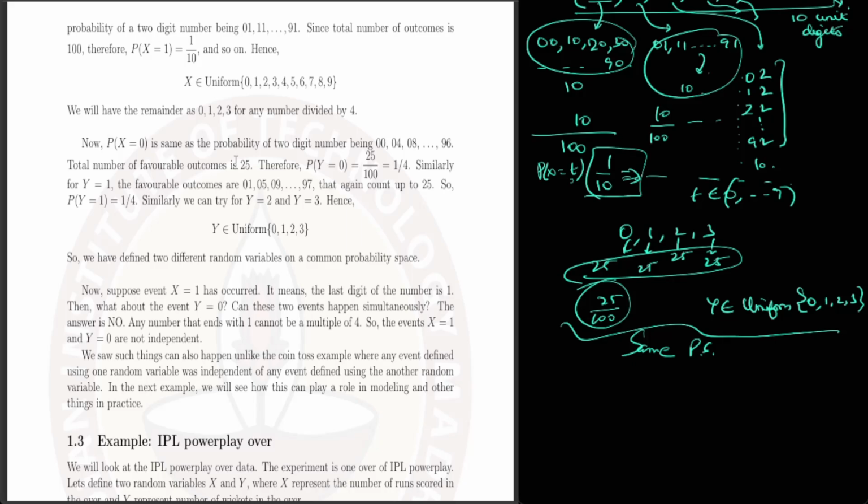Initially we were seeing that X1, X2 were independent. Now there can be a change with these random variables. If X1 is 1 and Y equal to 0, is any number possible? See, these are 2-digit numbers, and for division by 4 we need at least an even number here.